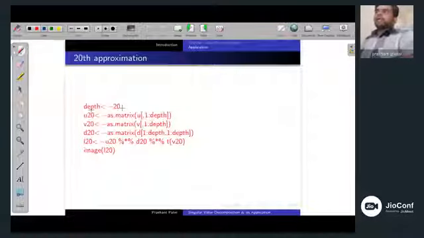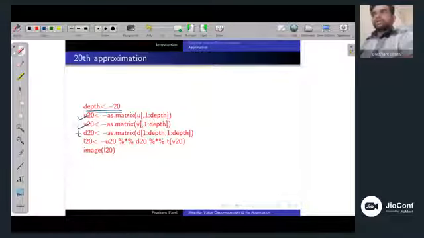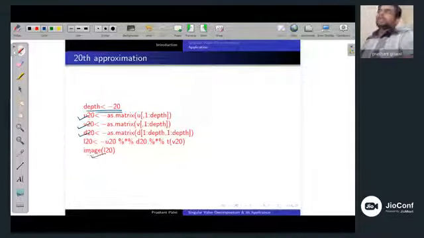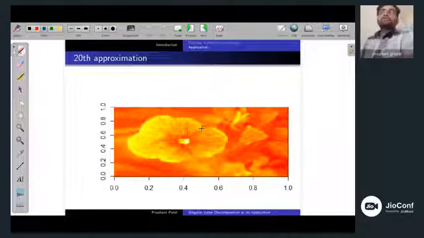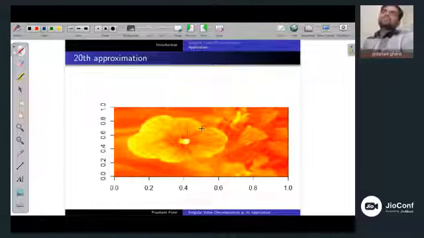Then I'm taking the 20th approximation: 20 columns of U, 20 columns of V, 20 values, storing that in the image, and it looks like this. You can see that almost there is one flower, and there are some leaves. So information is retrieved by sending only this much, instead of 600 cross 465.